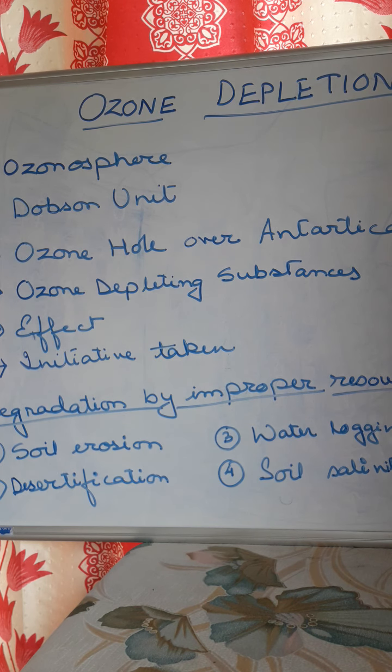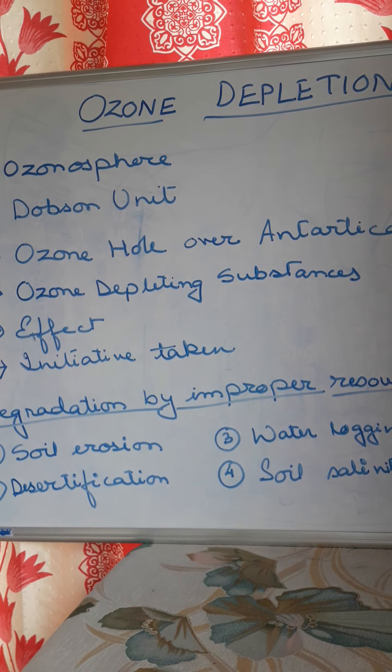Then the effects of ozone depletion causing diseases, and the initiatives that were taken. Among the initiatives, the Earth Summit is very important because it took various steps for reducing the greenhouse effect and also ozone depletion. Okay, so go through them very properly, and if any doubts are there, then please do consult.